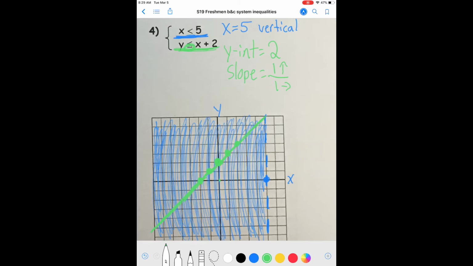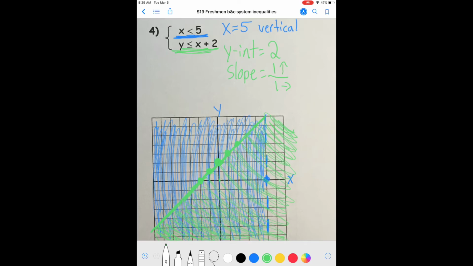Now, is the inequality symbol less than or greater than? It is less than, so it's going to be beneath the line. So all of the ordered pairs beneath that green line are a solution to just that inequality.